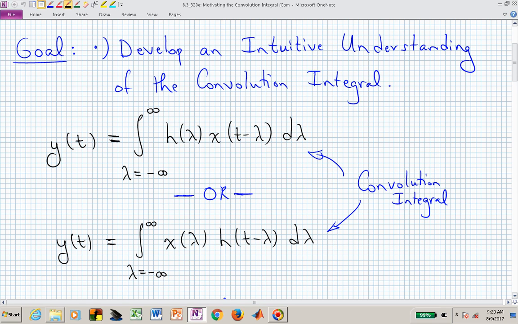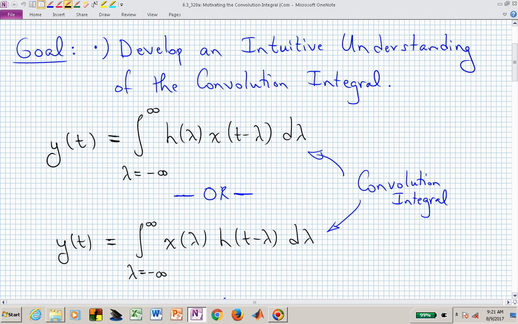And just to be clear, I will be calling x of t minus lambda a flipped and slid waveform, or h of t minus lambda in the second equation as the flipped and slid waveform.